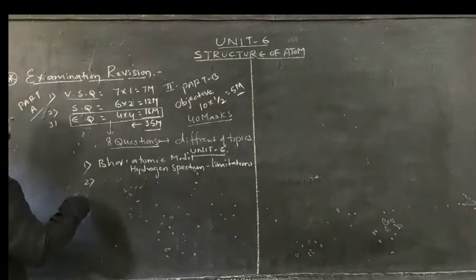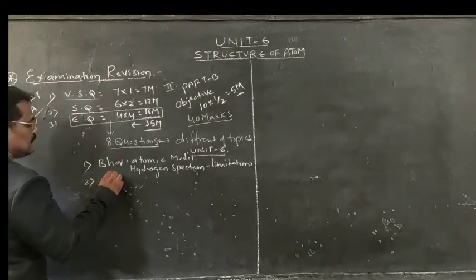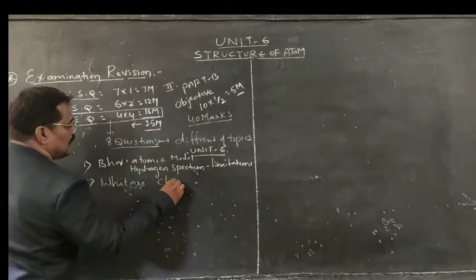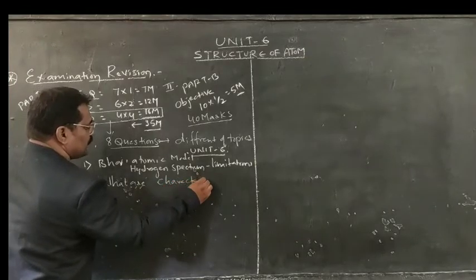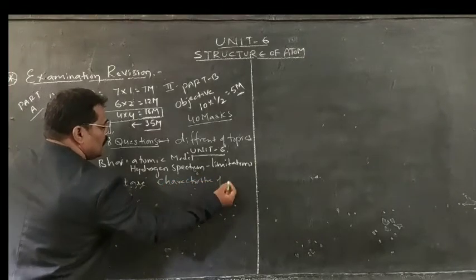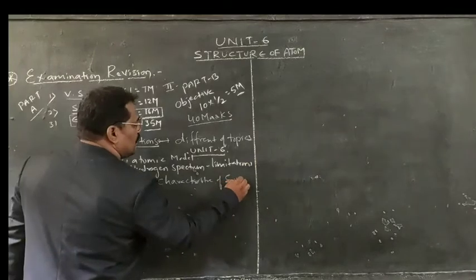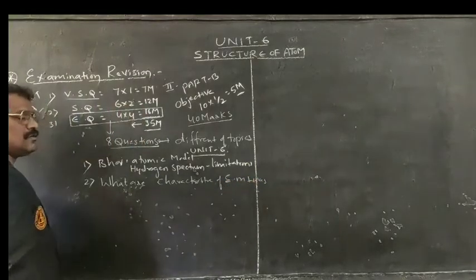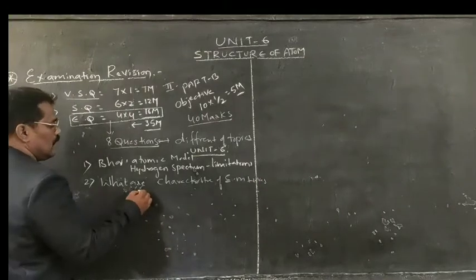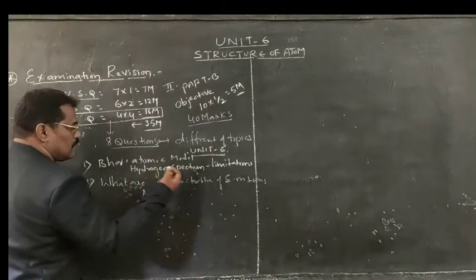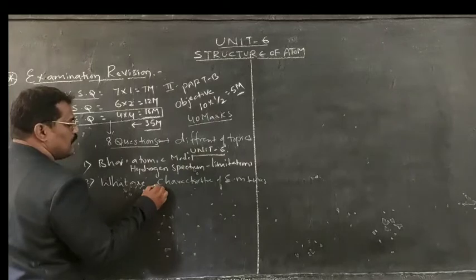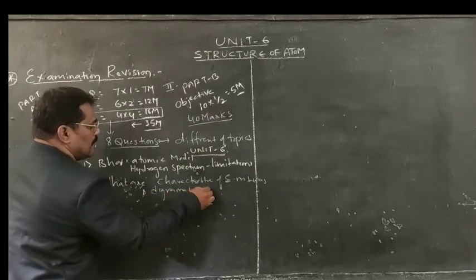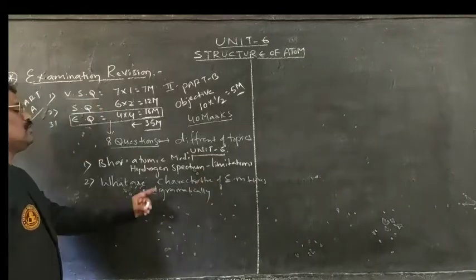The second one is: what are the characteristics of electromagnetic waves? Write down those characteristics diagrammatically.